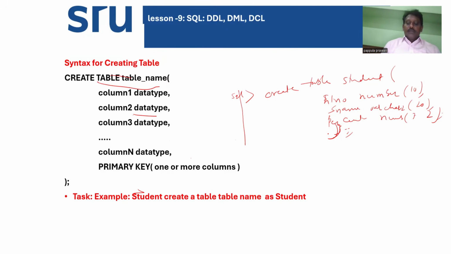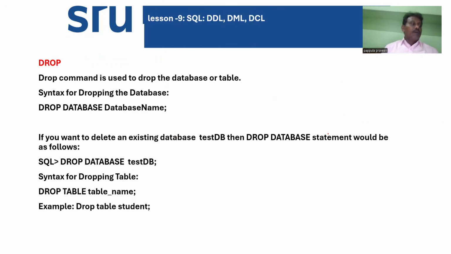All right. Now drop the table. The drop command is used to drop a database or table. Now the syntax for dropping: first we have to drop the database. Drop database name. When we create the database, one space is created for our data.